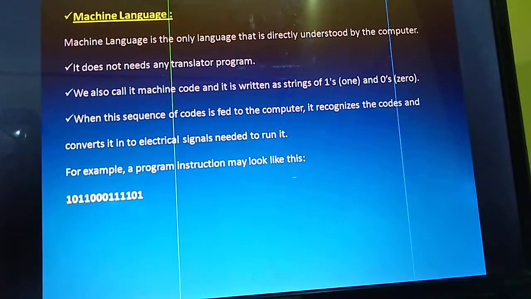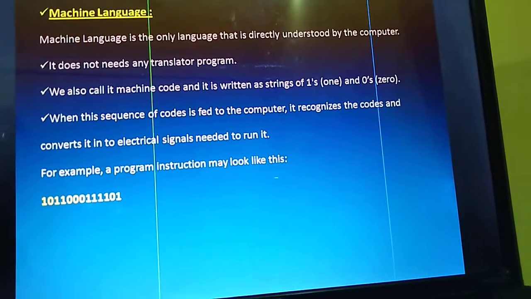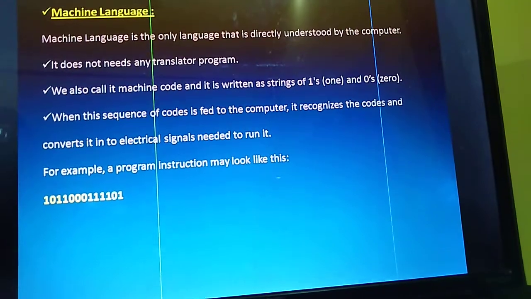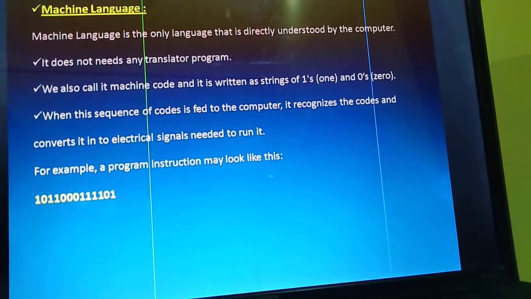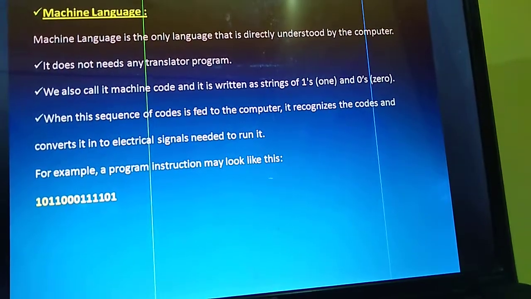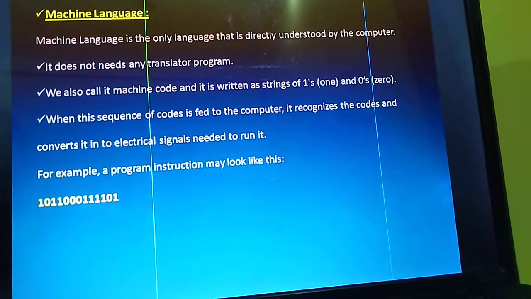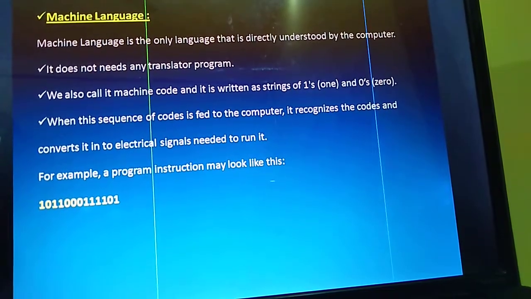When the sequence of code is fed to the computer, it recognizes the codes and converts it into electrical signals that are needed to run it. Means whatever instruction is written in machine language will be converted to the electrical signals.